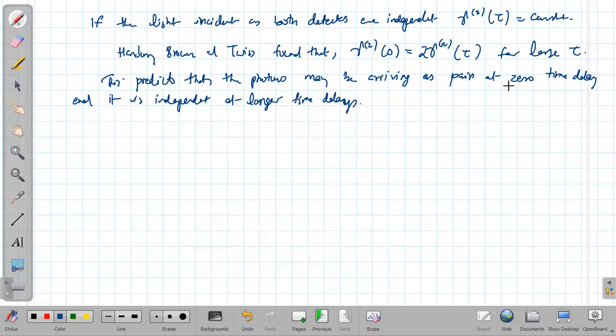So at zero time delay there is the possibility of bunching of photons, where more photons are coming together. This phenomenon is called the bunching of photons.